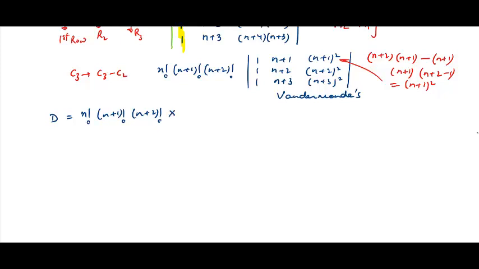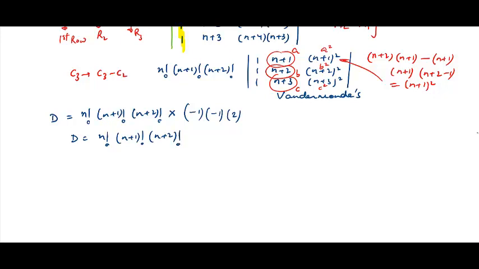If I call these A, B and C, the rows are 1, A, A squared; 1, B, B squared; 1, C, C squared. Its value is equal to A minus B, B minus C, and C minus A. So we get D equal to n factorial, n plus 1 factorial, n plus 2 factorial times 2.